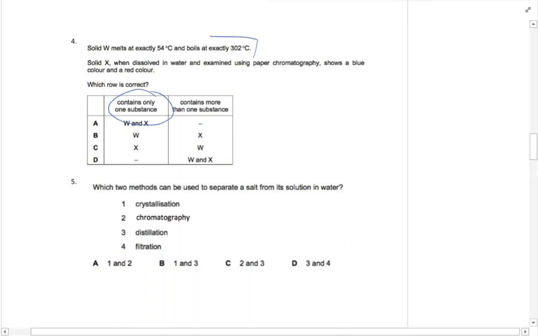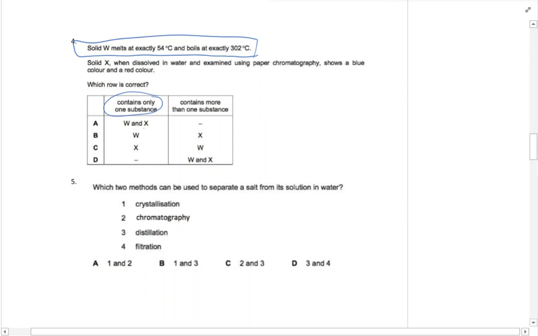Question 4. Solid W melts at exactly 54 degrees C and boils at exactly 302 degrees C. Solid X, when dissolved in water and examined using paper chromatography, shows a blue color and a red color. Which row is correct? Contains only one substance is an indicator of W because it has an exact boiling and melting point, meaning it's pure.